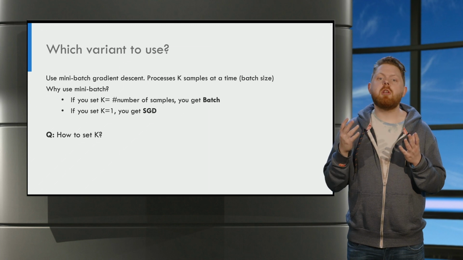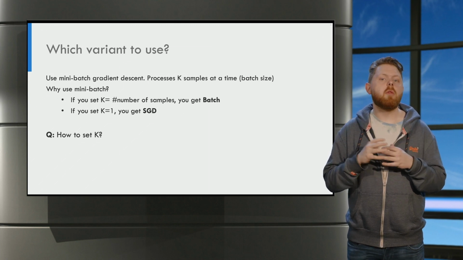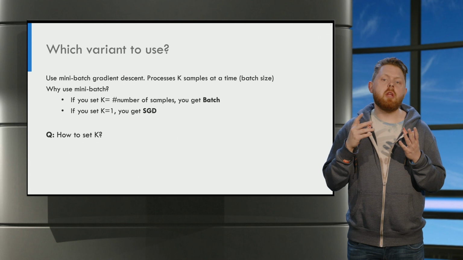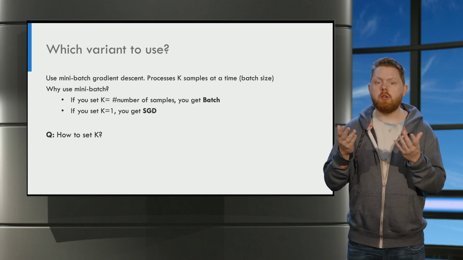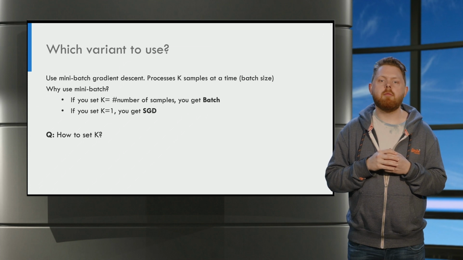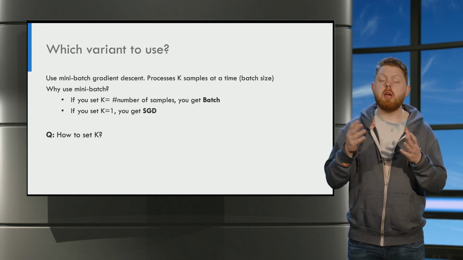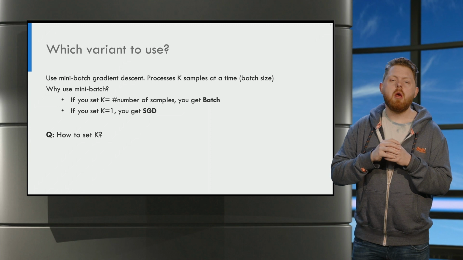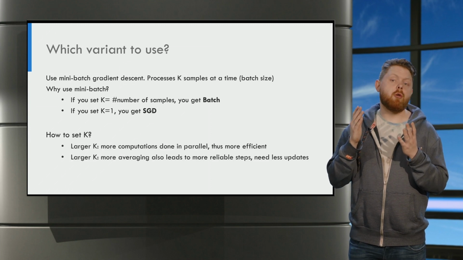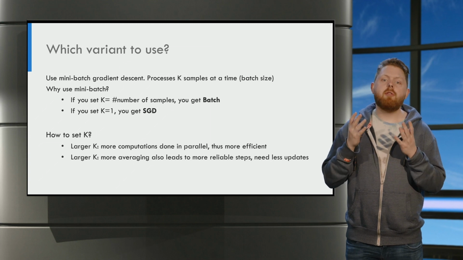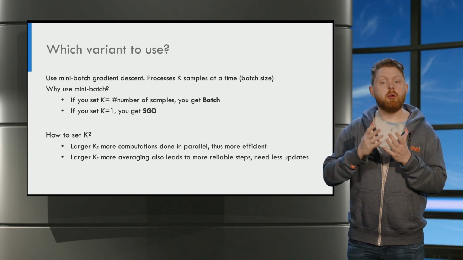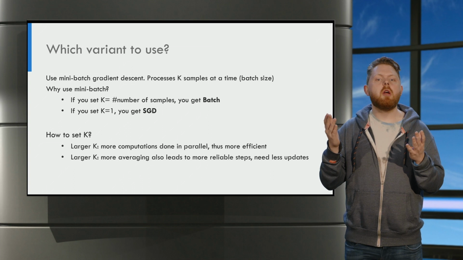Now the remaining question is how to set k. Please take a second to think about this, pause the video, and afterward we discuss the answer. Okay, welcome back. Mini batch can process k samples at a time. Thus, if k is larger, more computations are done in parallel.